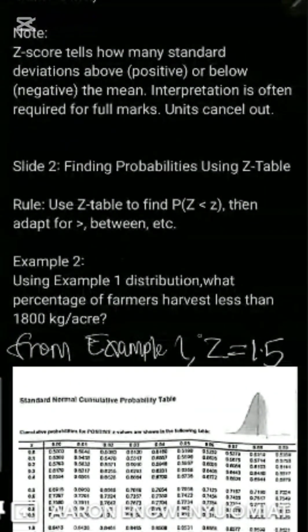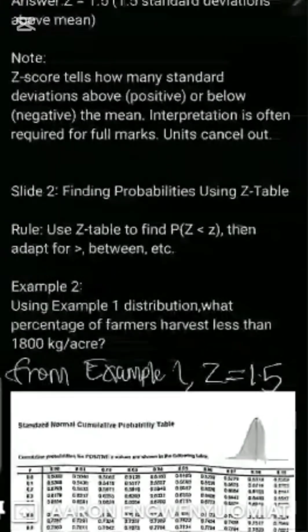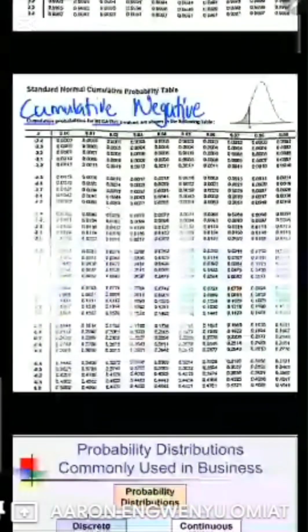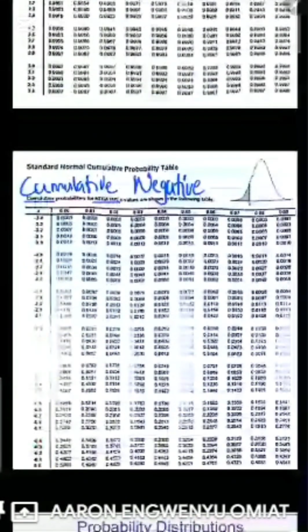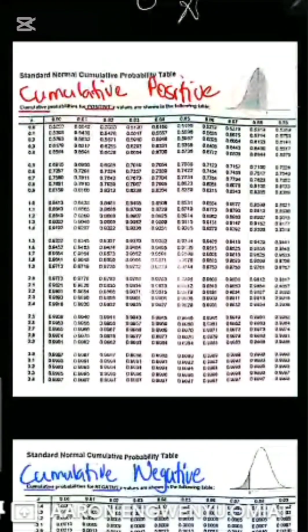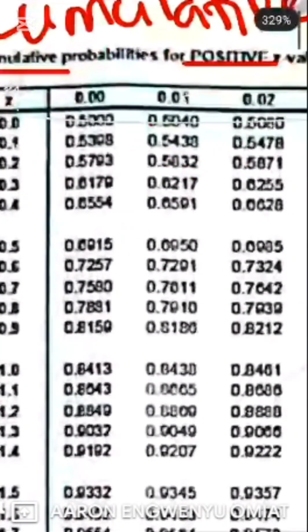What is the probability that corresponds to a Z value of 1.5? So 1.5 is positive, so we will not be using the negative table. We go to the positive table, and this is Z actually, not X. So we look at 1.5.